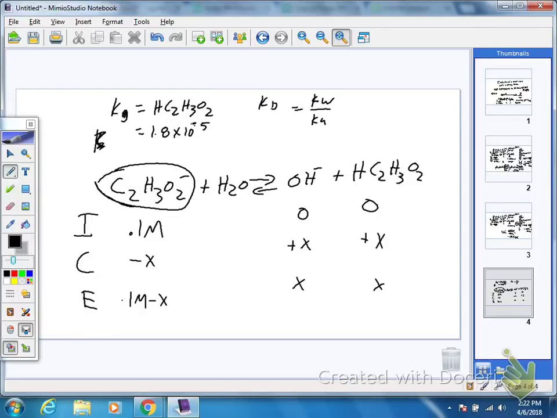Kw is 1 times 10 to the minus 14. Ka is 1.8 times 10 to the minus fifth. When you do that calculation, that gives you the Kb. And that's what you're going to need to use in which to figure OH concentration. And that's 5.6 times 10 to the minus 10.